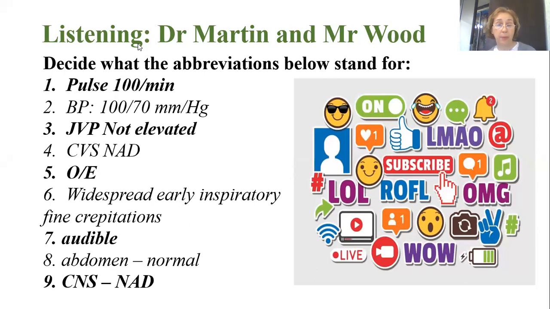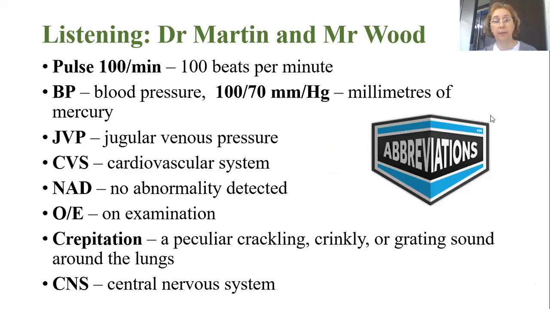About the abdomen, it's normal, and the last abbreviation, number 9 here, CNS, we've already said this. This is central nervous system, and NAD stands for no abnormality detected. The meanings of the phrases are given here, so you may have a look one more time to remember.